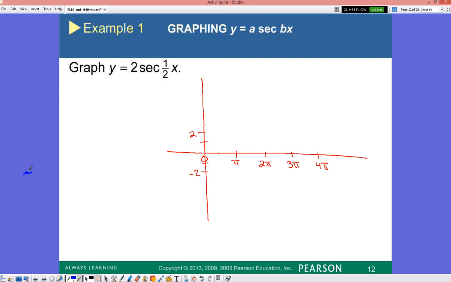So I'm going to do 2 cosine of 1/2 x, and I'm going to have it in blue right here for my notes. So it's going to start here, hit 0, keep going, go down to -2, back to 0, and right here. So it should look like this.